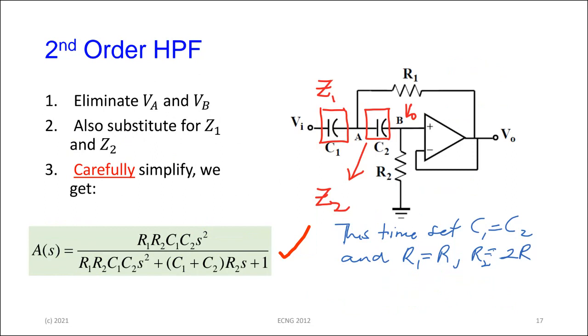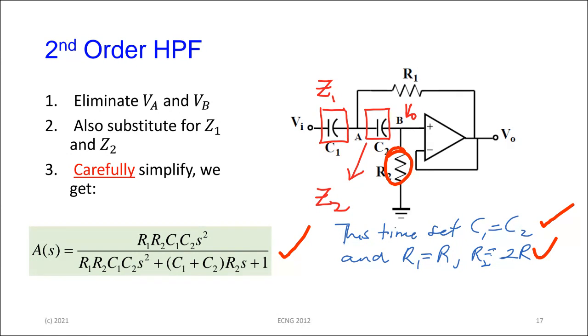And then in this case, we do the reverse of the low pass, which is we set C1 equal to C2. You remember in the low pass case, we set R1 equal to R2. We flipped around the capacitor and the resistor. So in this case, we're setting C1 equal to C2. We are letting R1 be R and letting R2, which is this one, be 2R.